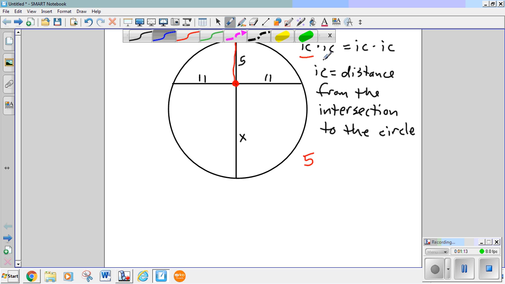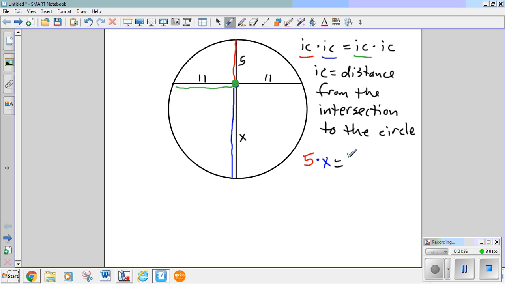The second IC is that same segment from the intersection to where it hits the circle again, which would be X. For the other side of the equation, the next IC is from the intersection to the circle on the other segment, which would be 11, times the last IC from the intersection to the circle on the second segment as well.